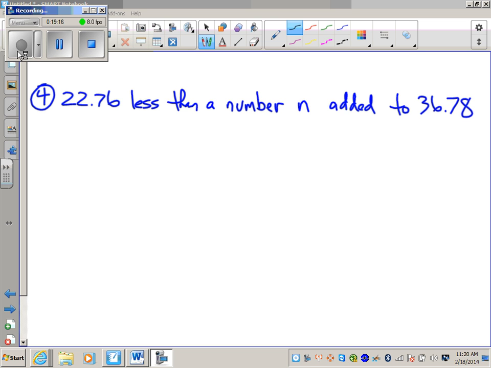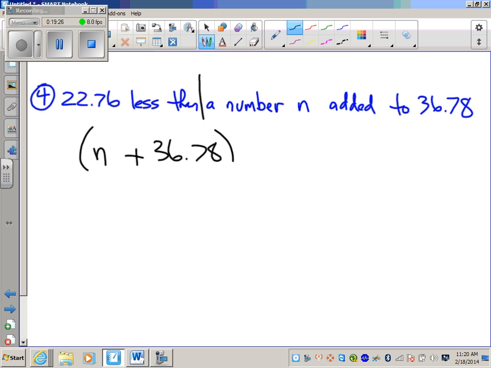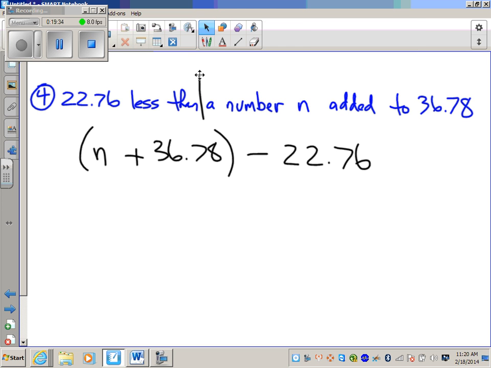If we stop here, a number n less than a number n added to, we could have n plus 36.78 minus 22.76. Now, how many of you had it that way? Anyone? How many of you had it this way?